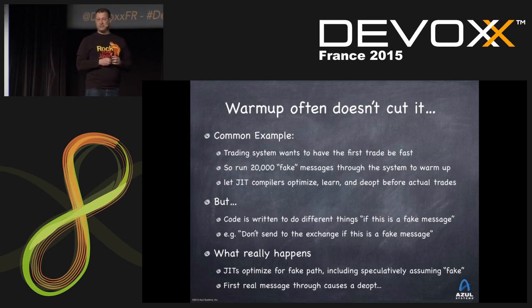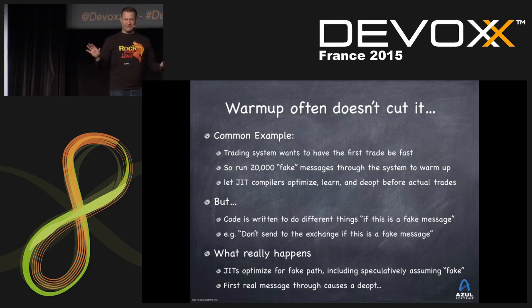And we have a smart compiler. It looks at it and says, they never send anything to the market. I will optimize for not sending to the market. What happens the first time you have a real trade? Deoptimization.